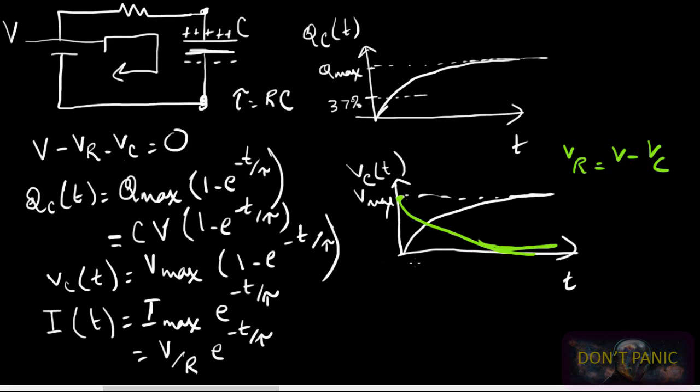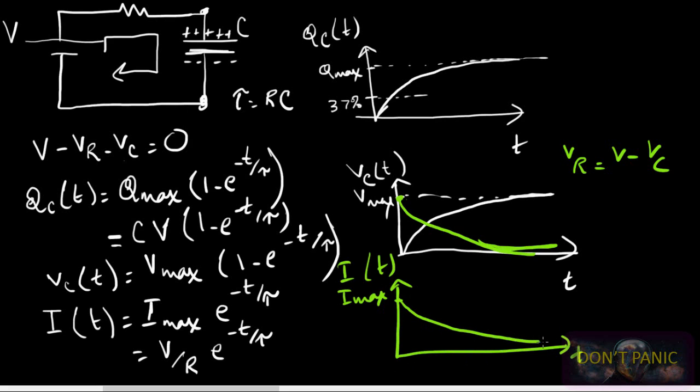And for the current, I of t also starts at its maximum value and then goes down over time. So this is what's happening in an RC circuit when it's charging.